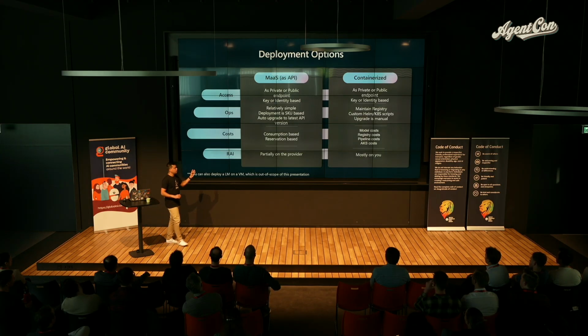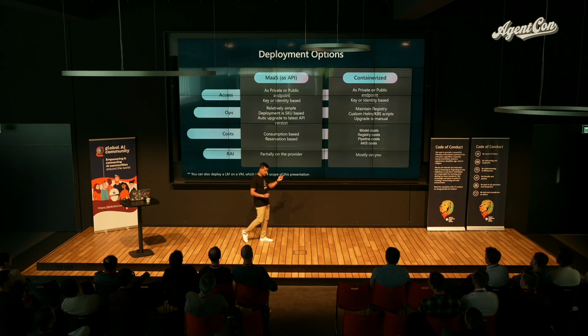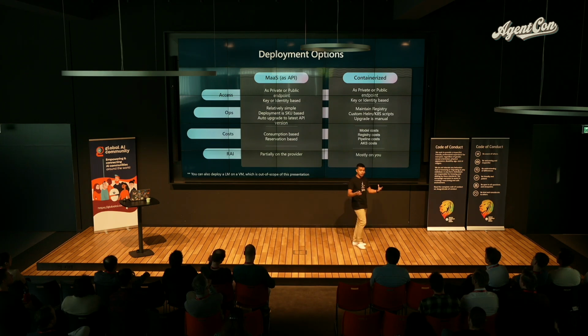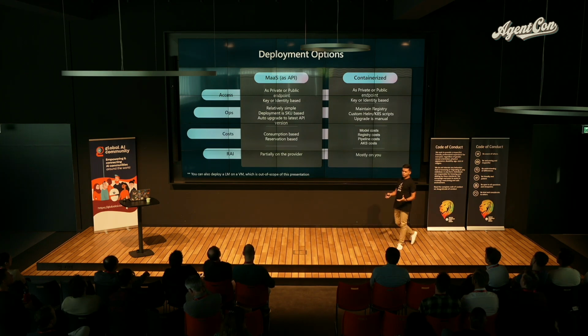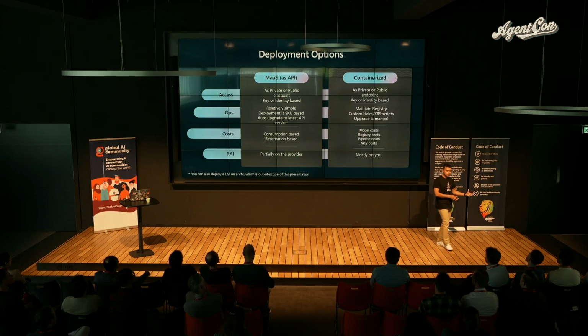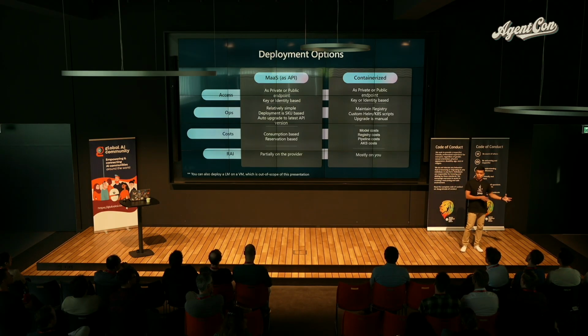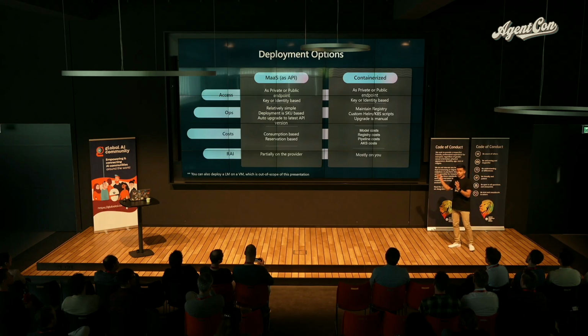But there's another use case, actually, which is containerized, and normally that's being positioned when you are fine-tuning a language model. But to be honest, you can also use that as a deployment option for a language model which you're not fine-tuning. For example, the Phi 3 model, or Mistral.